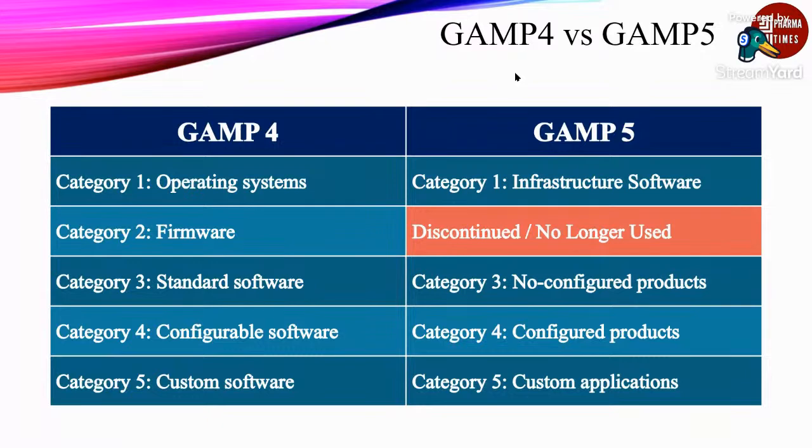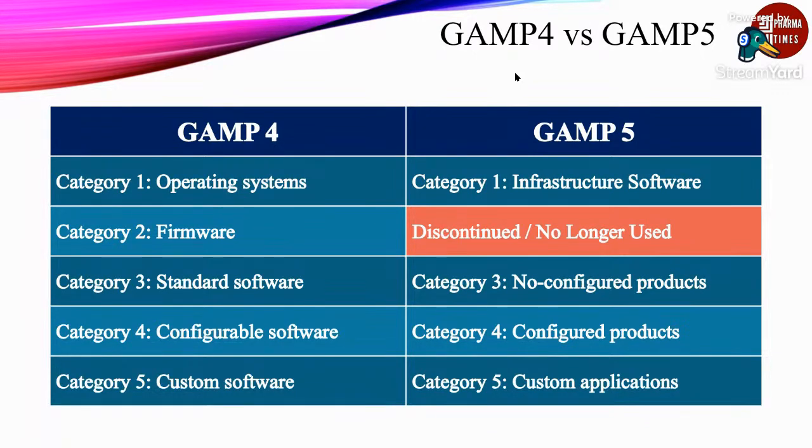Then GAMP 4 category 3 is standard software. Now in GAMP 5, category 3 is called non-configured software, or non-configured products. In GAMP 4, category 4 was called configurable software. Now in GAMP 5, category 4 is called configured products.